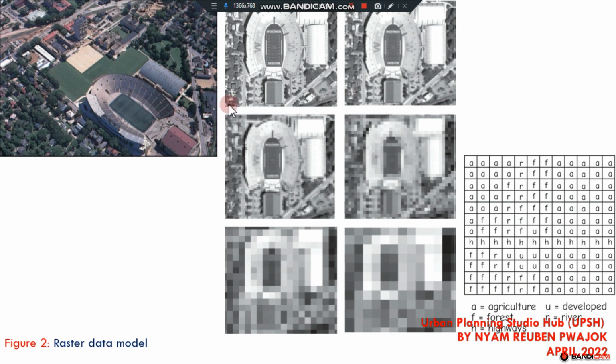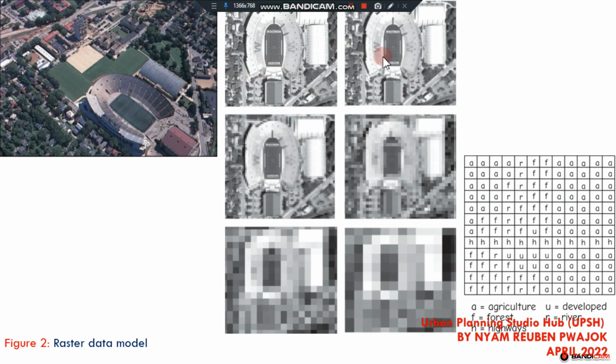Now, let's see a simulation of what the system, or computer, or camera understands as a raster data model. This stadium at my right is the one here in black and white format. You can see that the resolution or the quality of this image is dropping drastically.